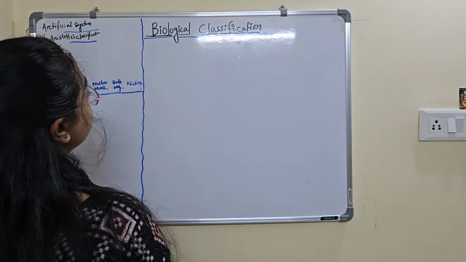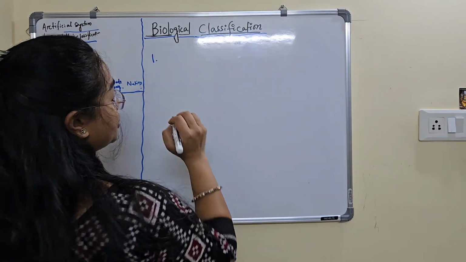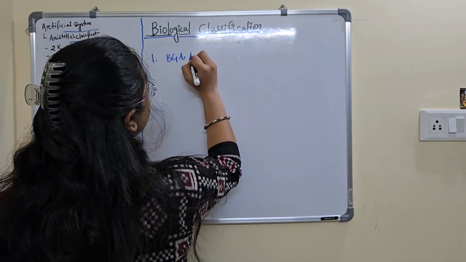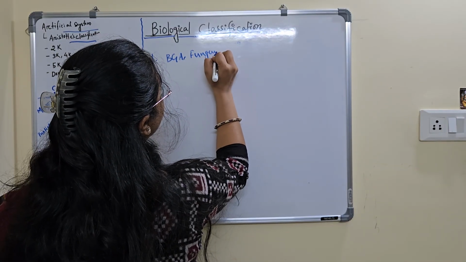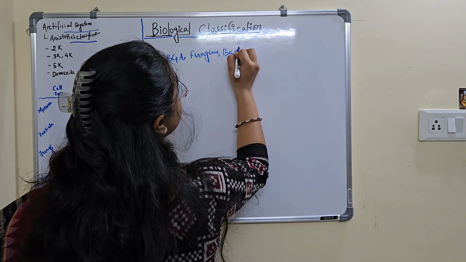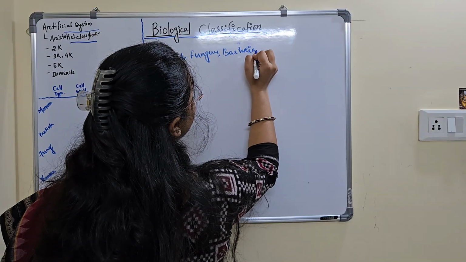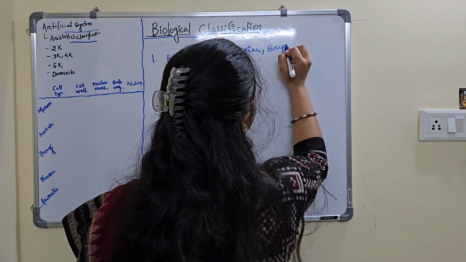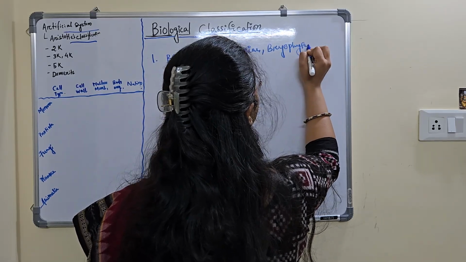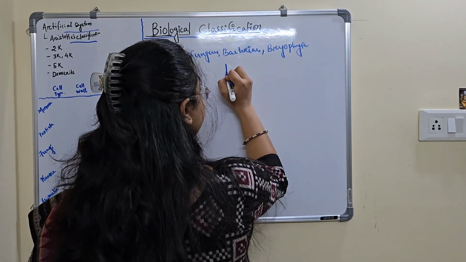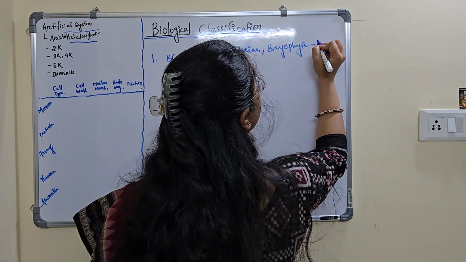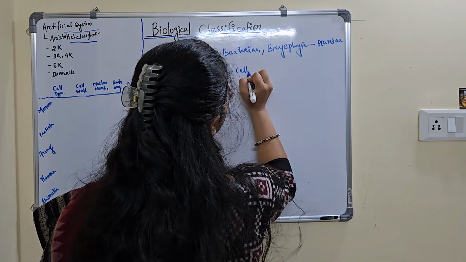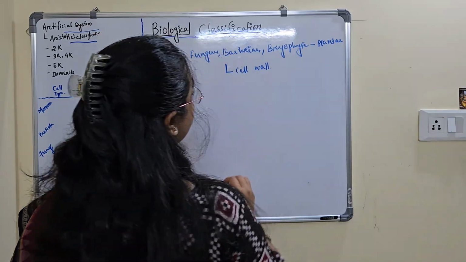Okay, so we will talk about the demerits of the two kingdom system of classification now. The first demerit of the two kingdom classification was that he placed all the blue-green algae, fungi, many bacteria, bryophytes and many other plants under the kingdom Plantae because they have a cell wall.